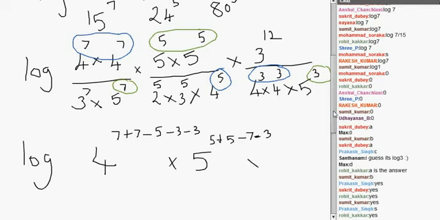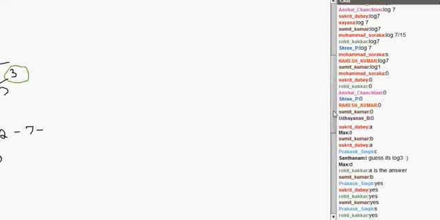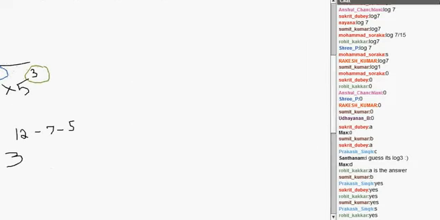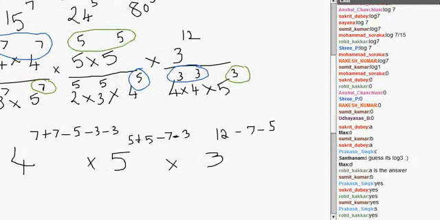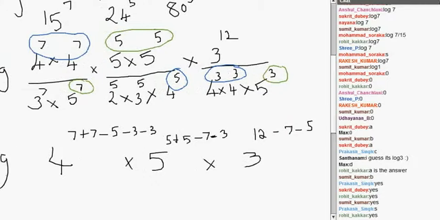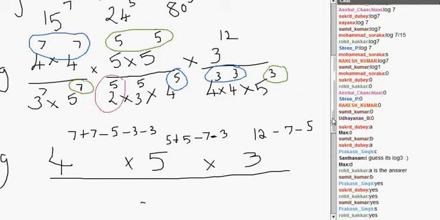Okay, then into, let us concentrate on the power of 3. That is nothing but 12 minus 7 minus 5. And in the denominator we are left with 2 power 5, isn't it? This 2 power 5, so that we will write separately, whole divided by 2 power 5.